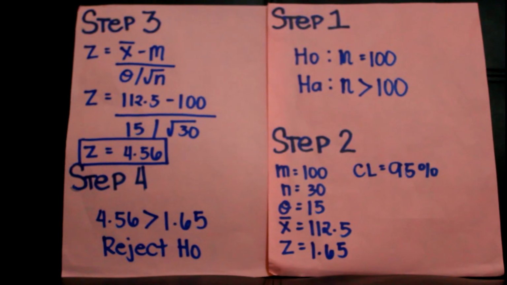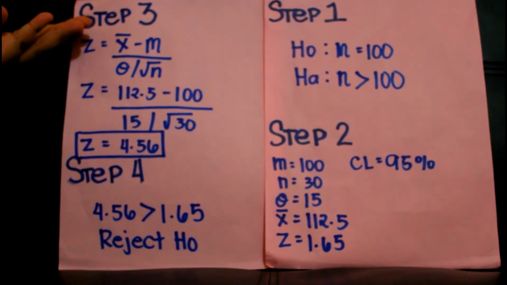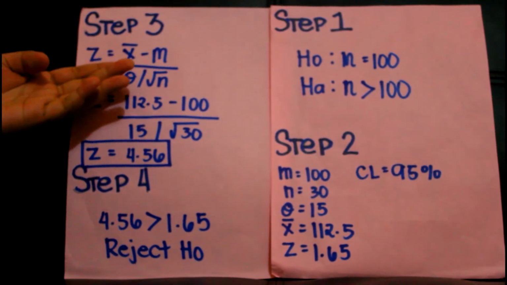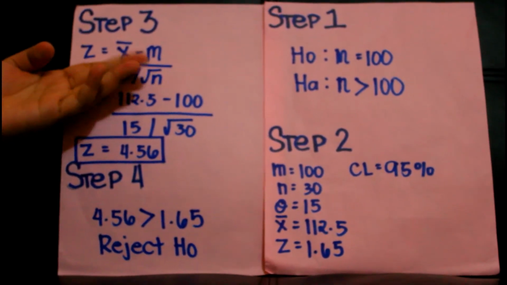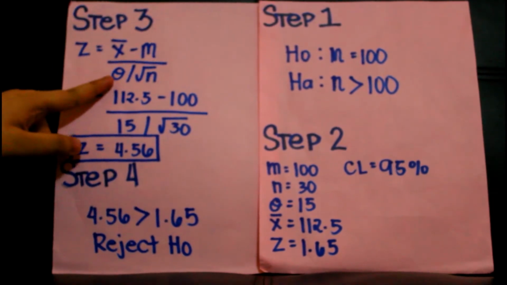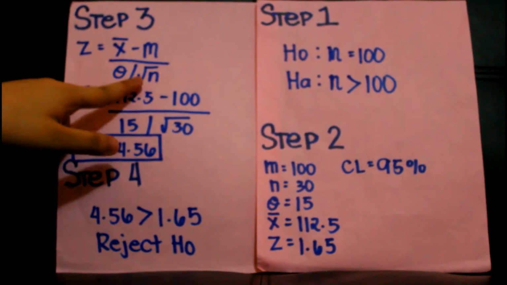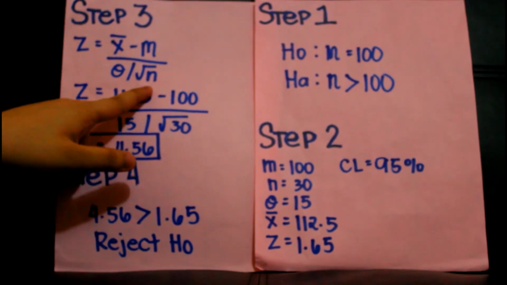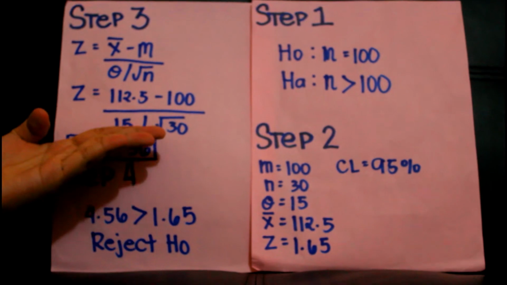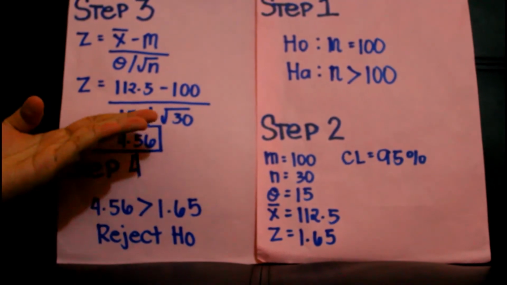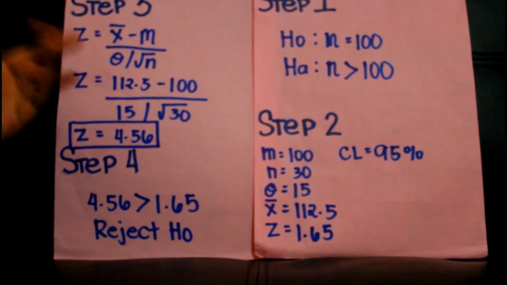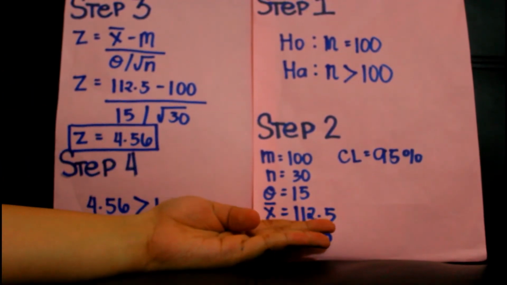Step 3. Computation. This is the formula. Z is equal to random sample minus mean divided by standard deviation divided by the square root of n. So, dito na tayo, isa-substitute na natin yung sa formula at saka yung nakuha nating elements sa step 2. Random sample, ang random sample natin is 112.5.